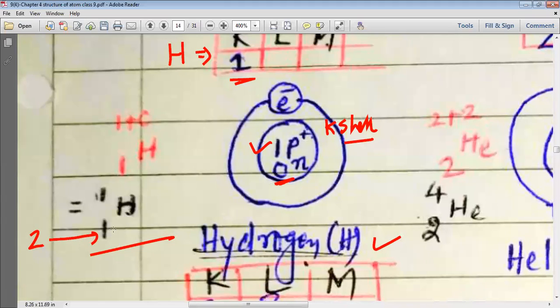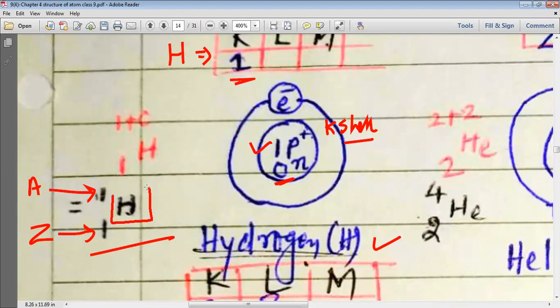When we write the representation of any element, in the subscript, on the lower side, we write Z, which is known as the atomic number. This Z represents the atomic number. On the upper side, we write A, which is the atomic mass number.